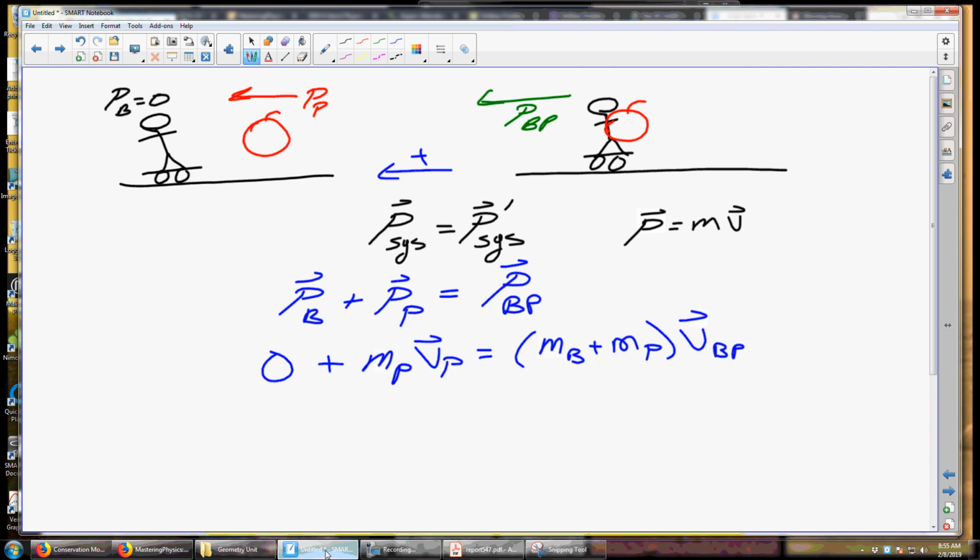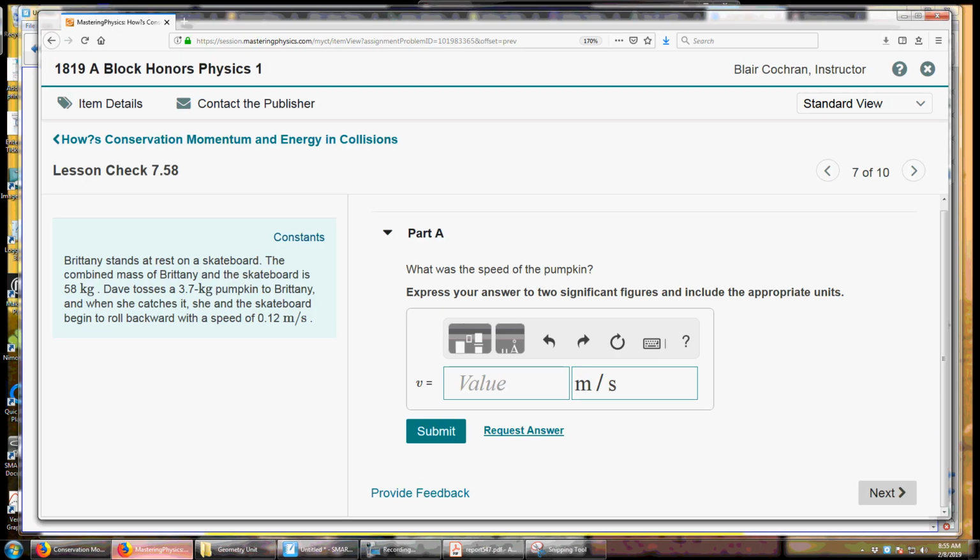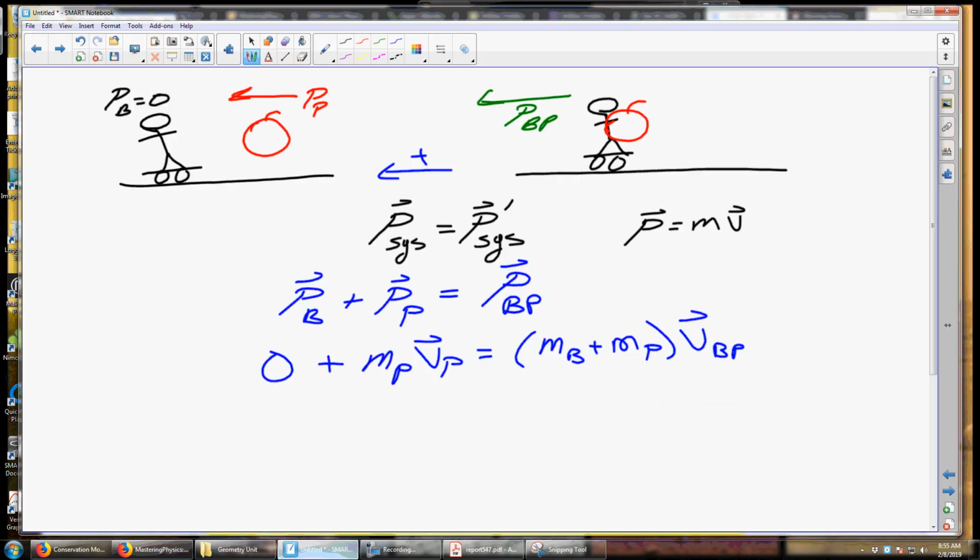And then I can substitute and solve, because I know all those. I have the mass of Brittany, which I'm considering the skateboard as part of Brittany. I have the mass of the pumpkin. I have the speed of Brittany and the pumpkin. So the only thing I don't know is the velocity of the pumpkin, and that's the only variable I'd have when I substitute it in.